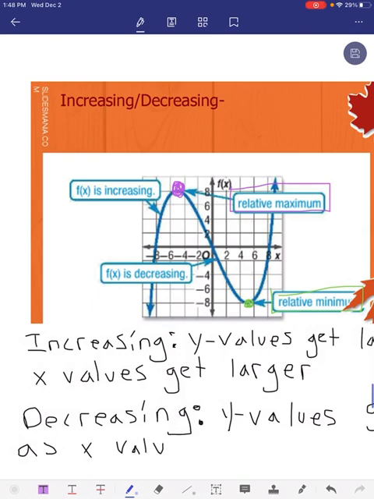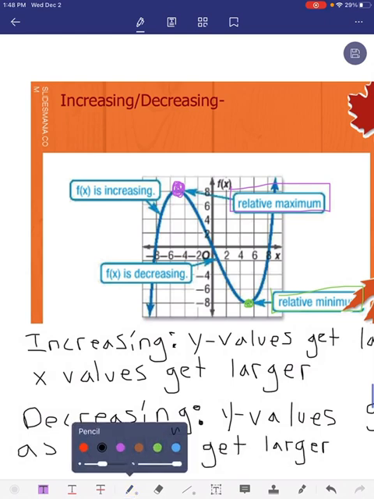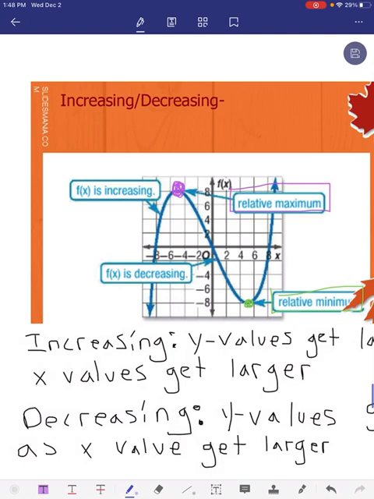As x values get larger. So again, I'm going to the right, but this time my y values are going down or getting smaller. So notice on the graph that we have, our graph is going to be increasing, or in other words, as we go to the right, we're going up. So this portion of the graph is increasing.